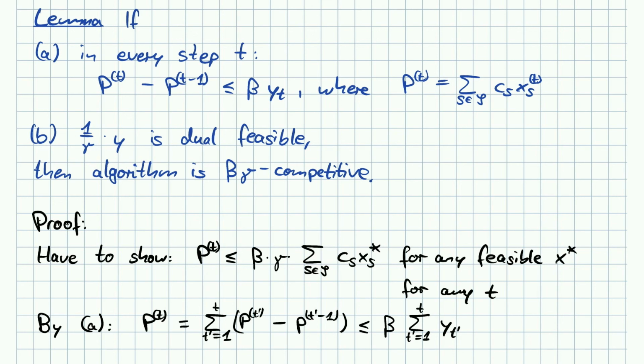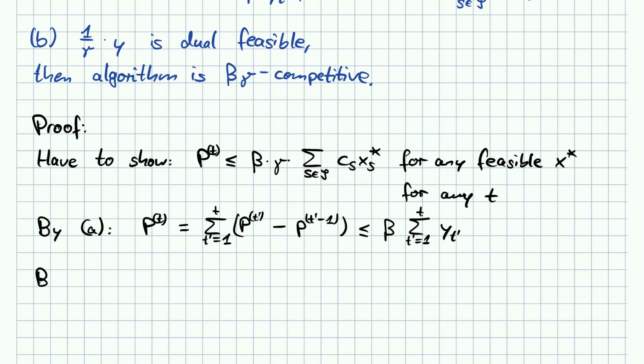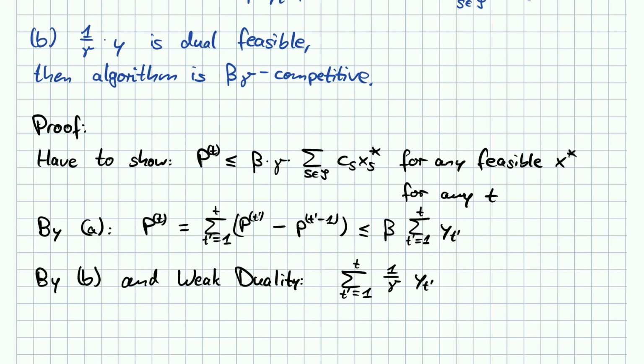What else do we know? By weak duality, the sum of 1 over gamma times the yt' will be no more than the cost of this feasible solution x star.